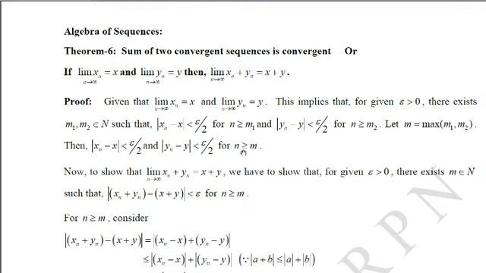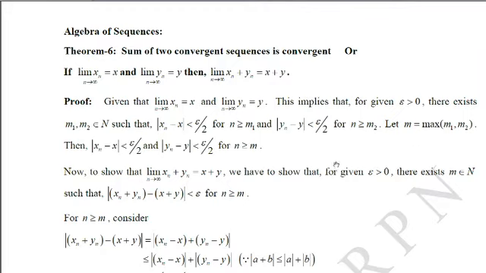Suppose m1 comes first and m2 comes next, then the first graph starts from m1 and the second one starts from m2. We can see the convergence from m1 for the first graph and from m2 for the second graph. But I want a common region where both graphs converge to x and y respectively.